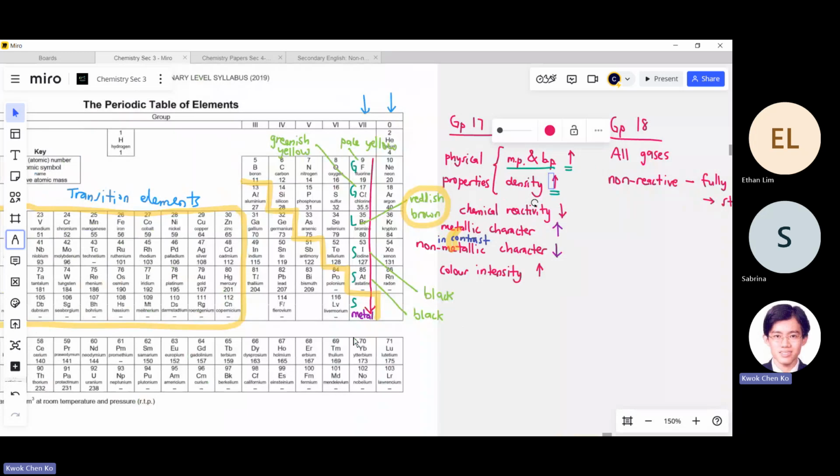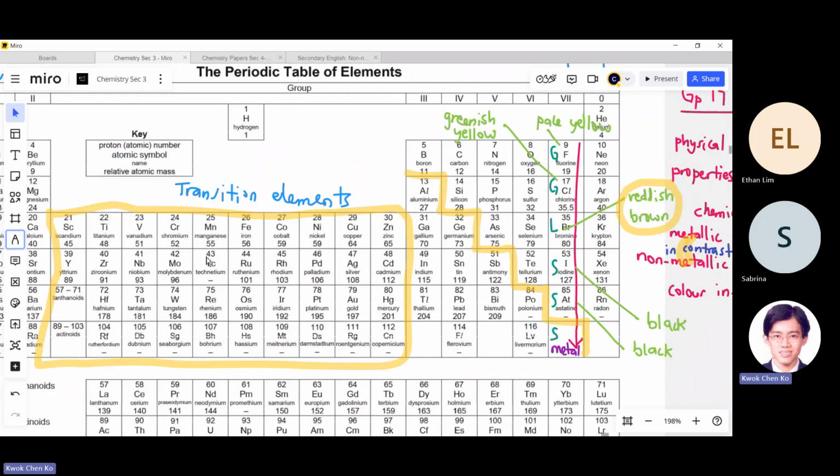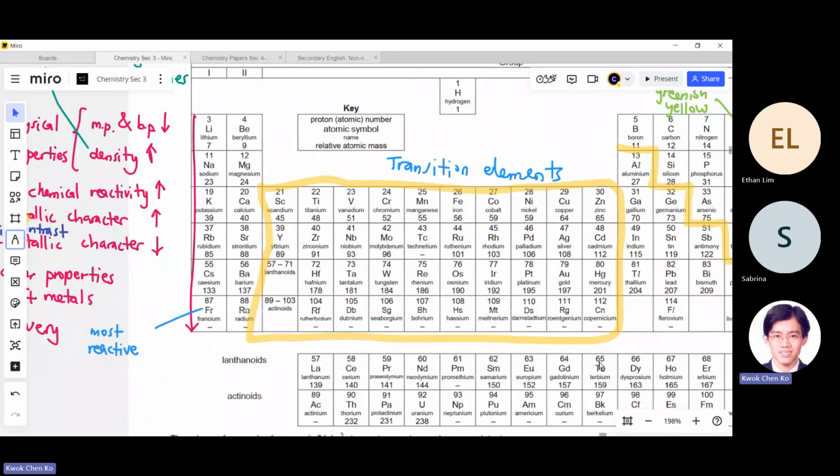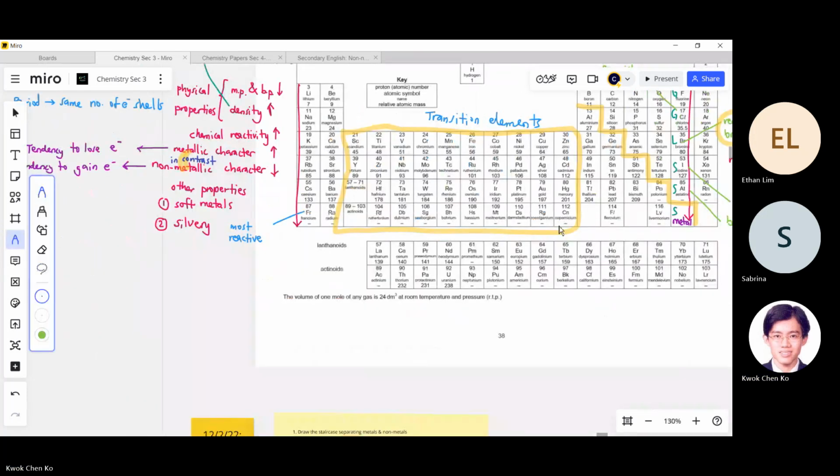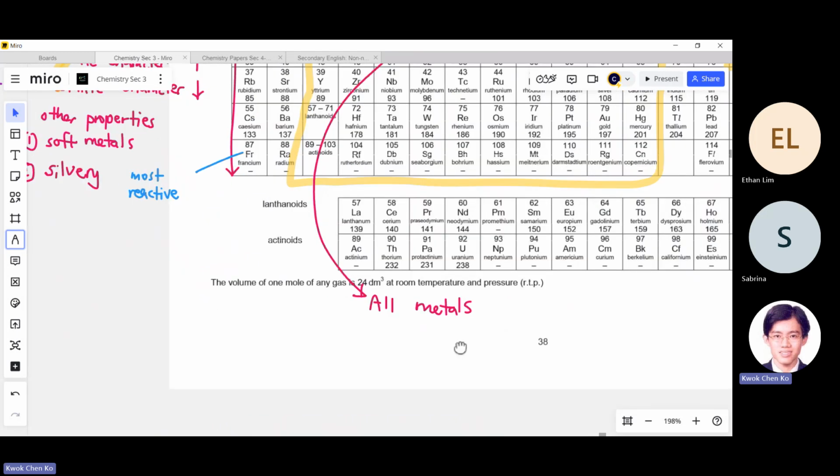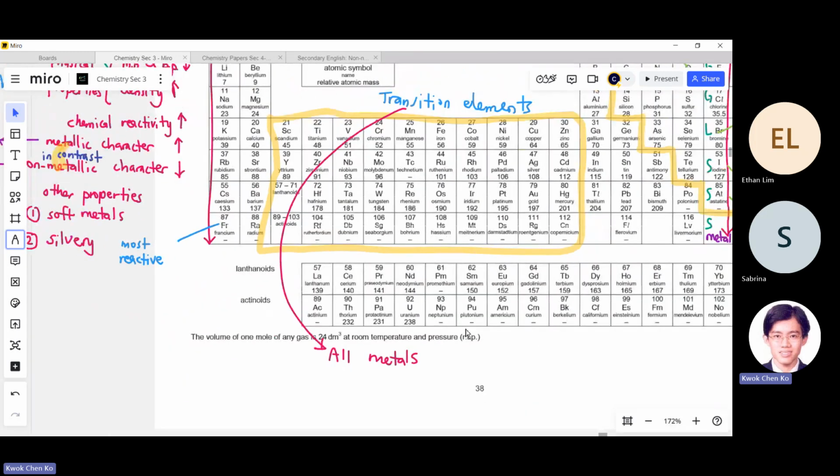Okay, now lastly, transition elements, this whole chunk here. First thing, they are all metals. I hope you realize that. Okay, where should I write it? Yep, all metals. Come, Arena, what can you tell me about that? Yeah, variable oxidation states.